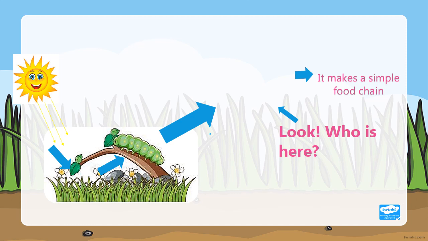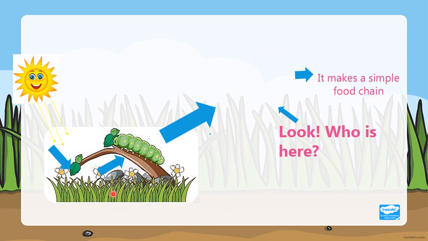Look at this carefully. We know plants prepare their food in the presence of sunlight, nutrients from soil, and air. Remember the allotments we learnt about in the last session? We observed a simple food chain there. Look at this picture carefully.